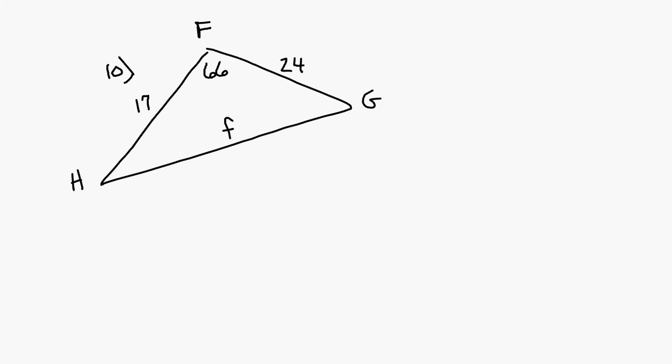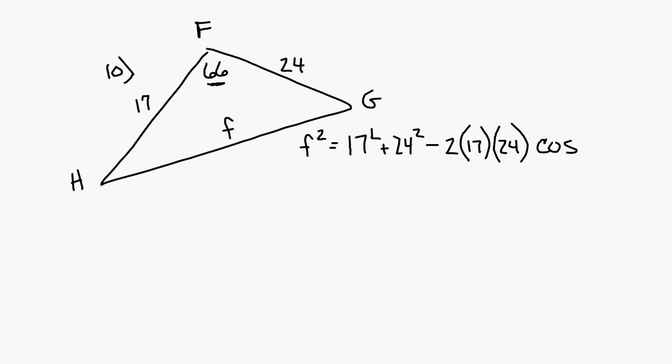All right, so the law of cosines says that f squared is equal to the other two sides squared, so 17 squared plus 24 squared, minus 2 times each of the sides, 17 times 24, times the cosine of this angle, which is 66.